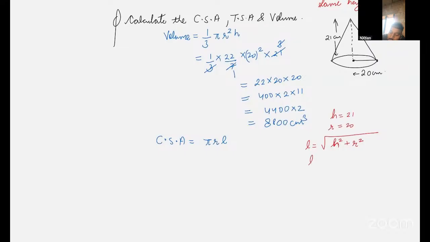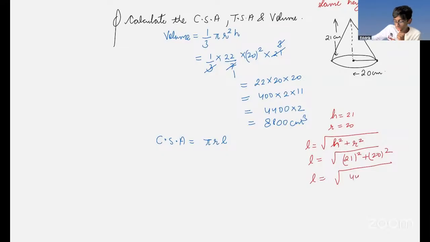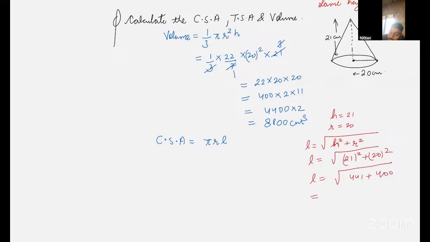I have to put the values. It will become 21 square plus 20 square. So what is 21 square? 21 square is 441. 441 plus 400.